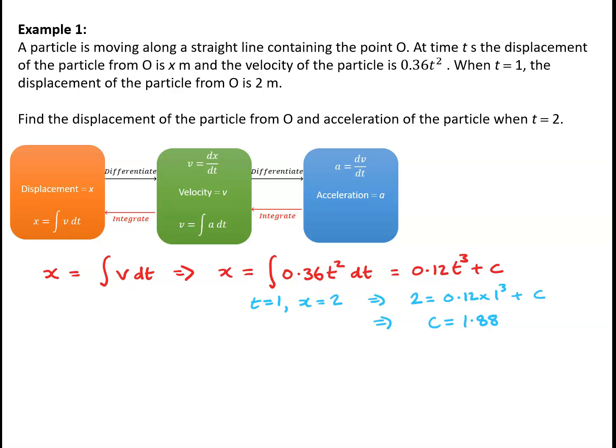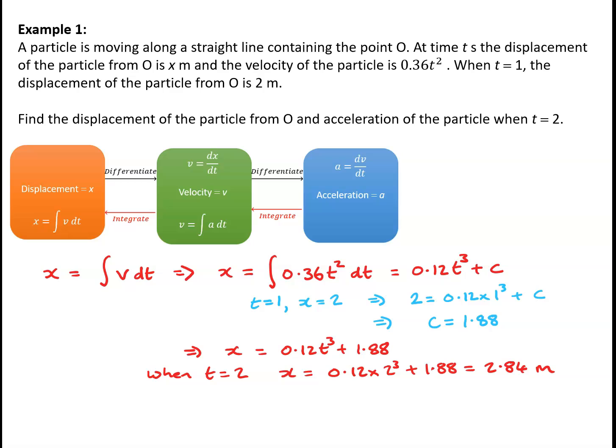So the expression for the displacement is x equals 0.12 t cubed plus 1.88, and when t equals 2, x equals 0.12 times 2 cubed plus 1.88, so that is 2.84. So when t equals 2, the displacement is 2.84 meters from O.